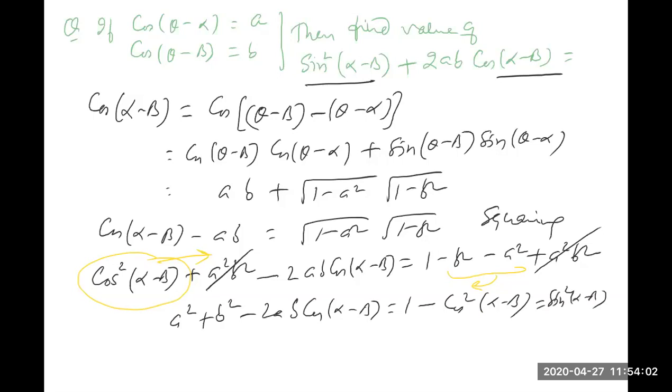So finally transfer this term also this side, and you will get sin square(alpha minus beta) plus 2AB cos(alpha minus beta) is equal to A square plus B square. That is the answer.